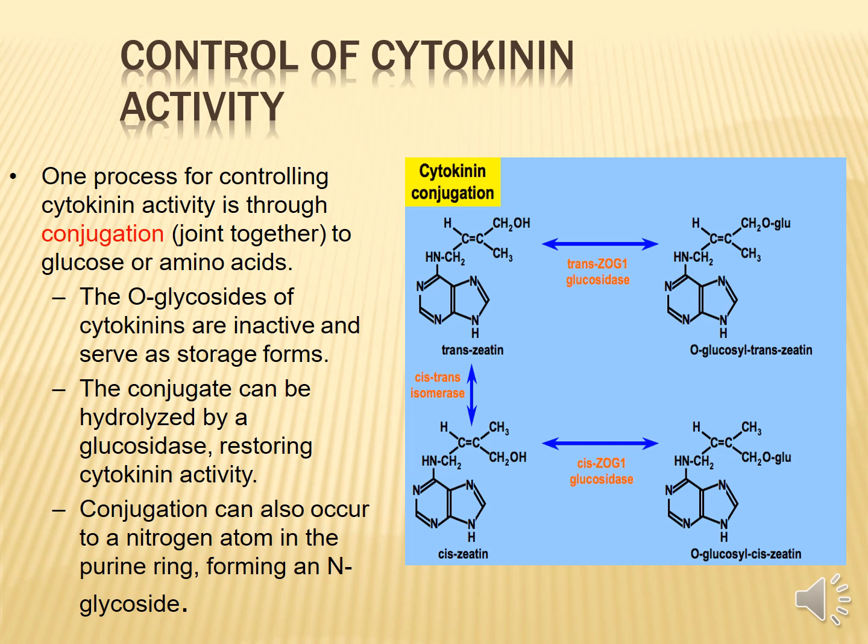So when they need the cytokinin back, for example, trans-zeatin conjugates with the glucose to become O-glucosyl trans-zeatin, and this O-glucosyl trans-zeatin we call inactive zeatin, and it will become a storage form of cytokinin. However, when the condition needs the zeatin back, this O-glucosyl zeatin is able to be hydrolyzed by the enzyme that we call glucosidase.